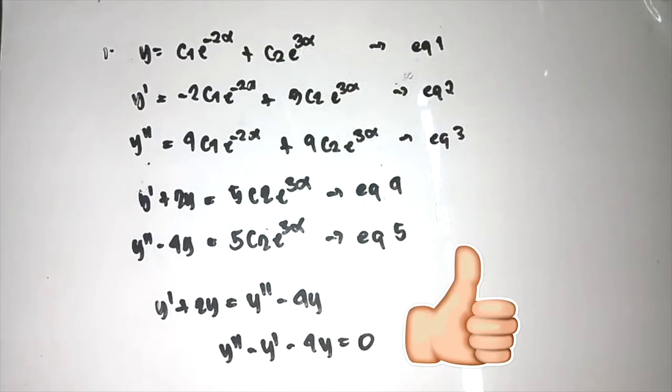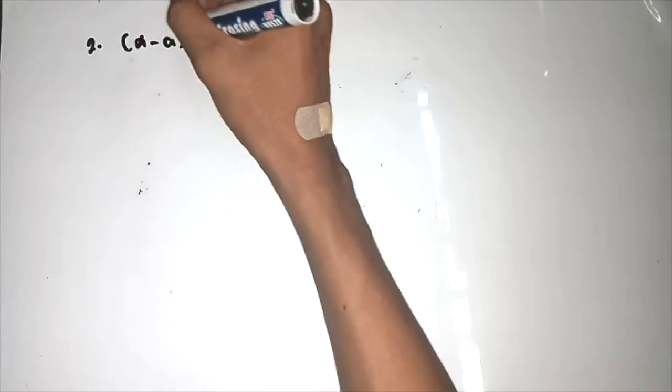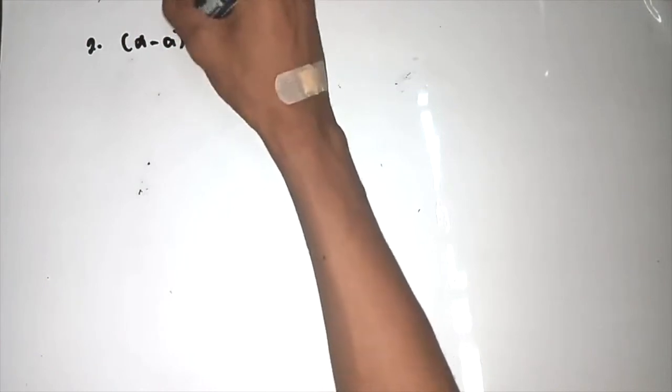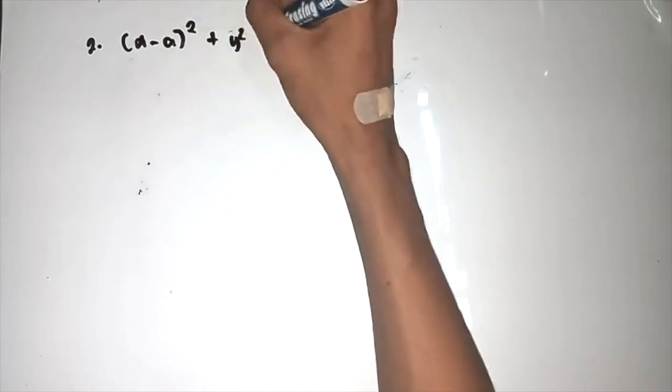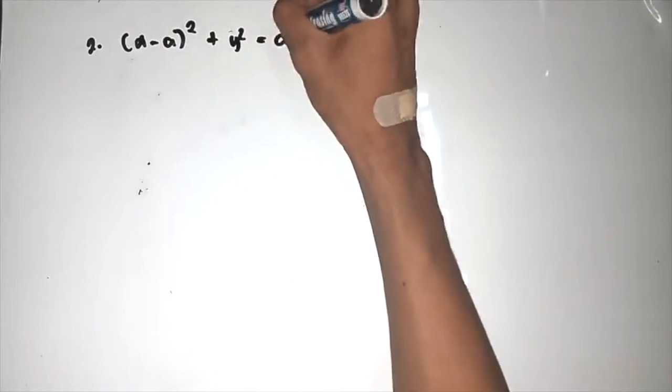Alright, let's proceed to the second example. (x minus a) squared plus y squared equal to a squared.